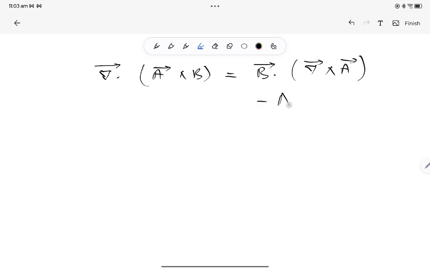There are several product rules of vector calculus which are used in physics. One of them is this product rule: del dot (A cross B) is equal to B dot (del cross A) minus A dot (del cross B).